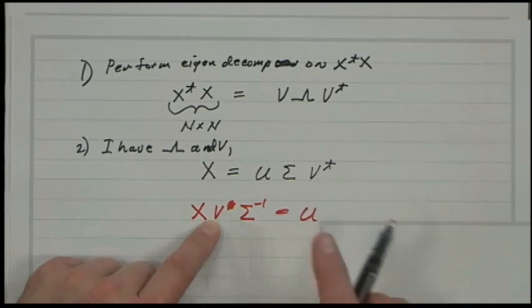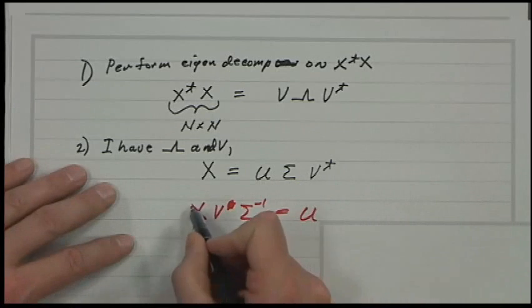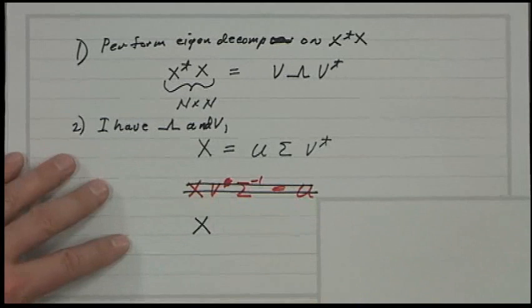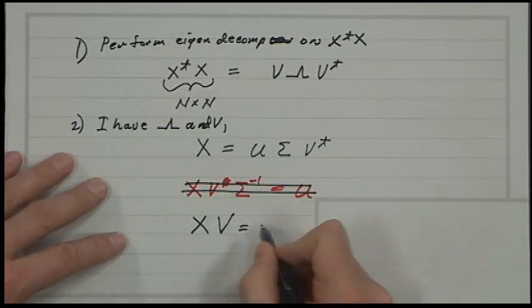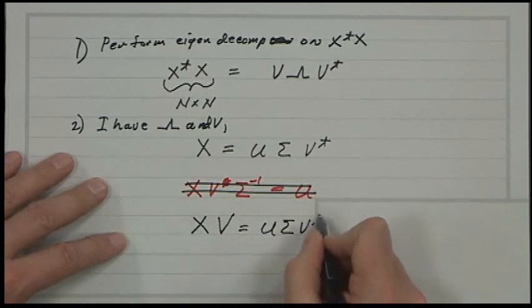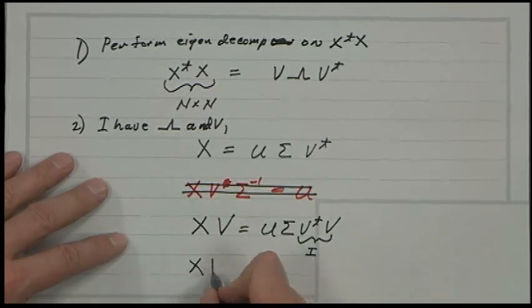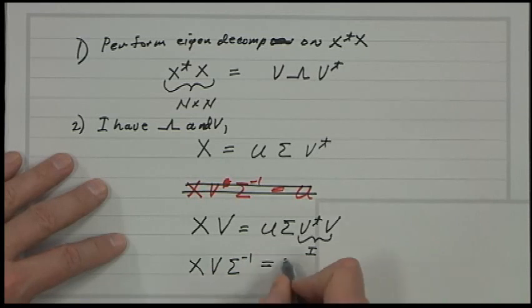If we take X and multiply it by V, that's equal to U sigma V transpose V, but this is I. So we have that X times V times sigma inverse, assuming none of the singular values are 0, is equal to U.